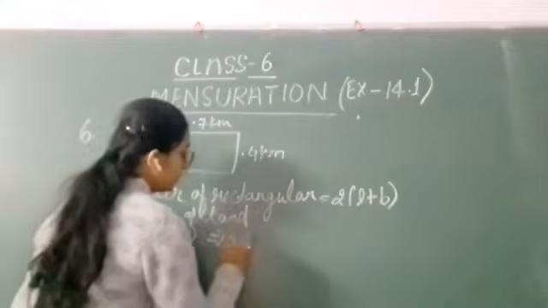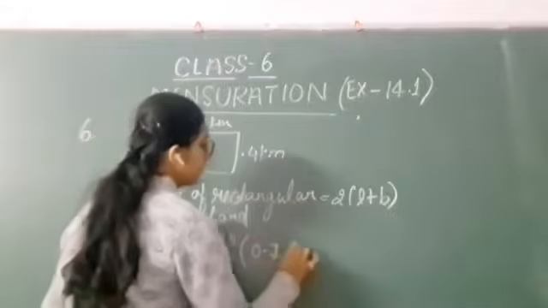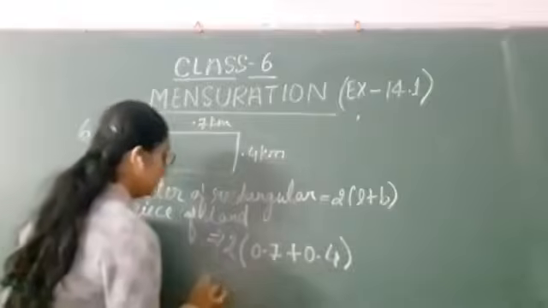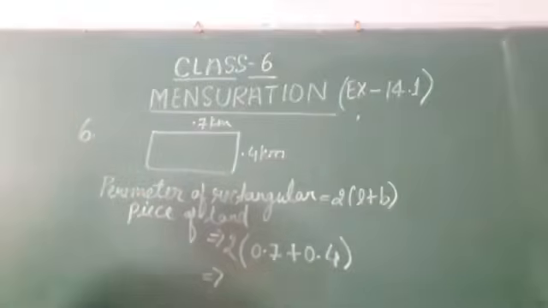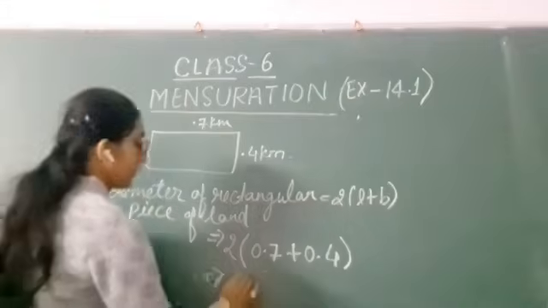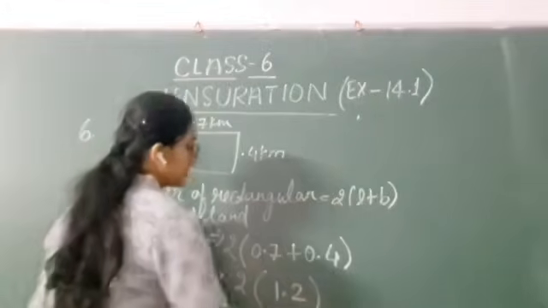Then we are having 2 into 0.7 plus 0.4. What we will get after adding? 2 into 1.1.